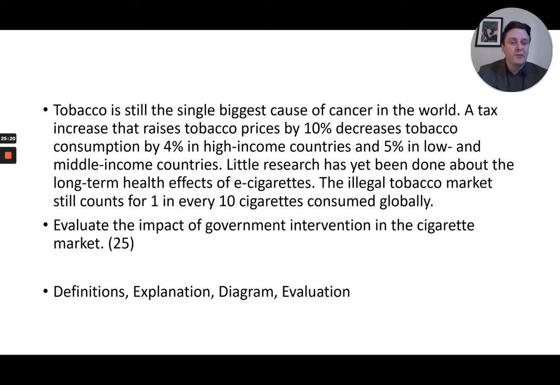A plan I would always use is definitions, explanations, diagrams, and evaluation. Now this question is about market failure, so make sure your answer focuses on market failures, demerit goods, negative externalities, and Pigovian tax. Okay, pause it there and write a plan.